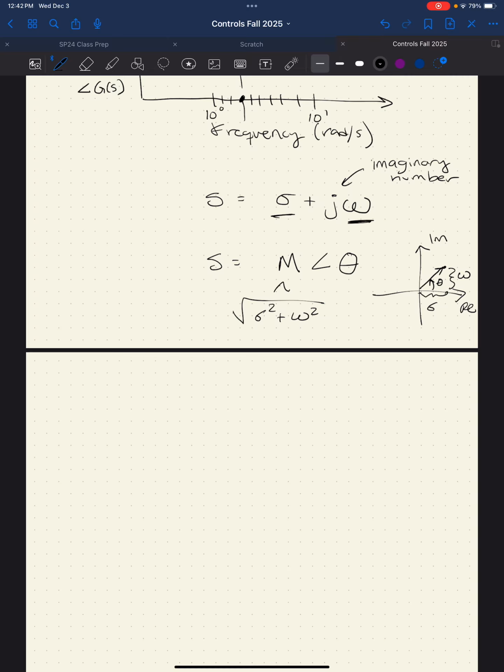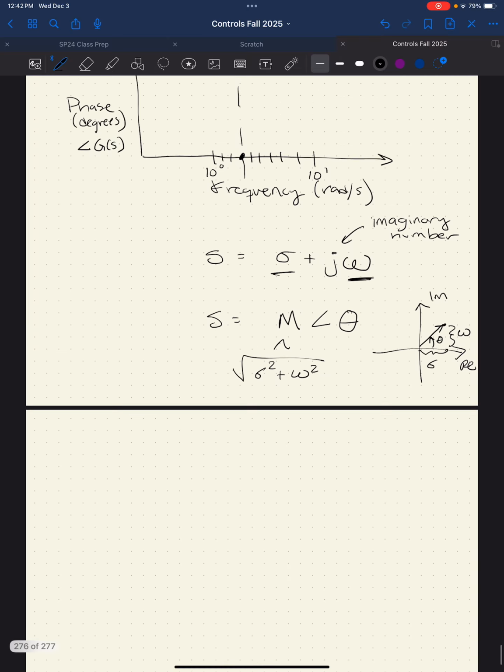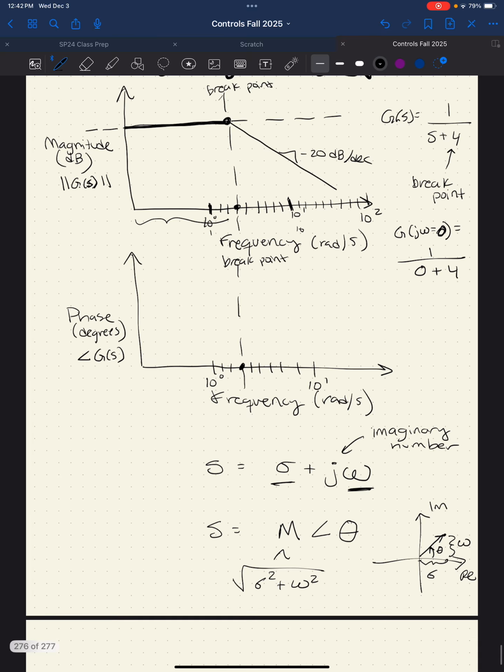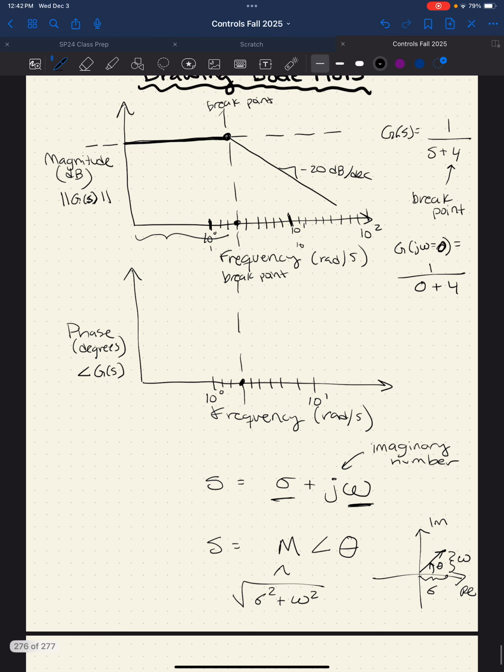So that's not exactly what we're plotting here, but we're plotting an angle and a magnitude. The only thing is, this is what I think of as the real number magnitude, whereas this is expressed in decibels. So if I want to take this m and express it in decibels, I need to know that decibels is equal to 20 log m.